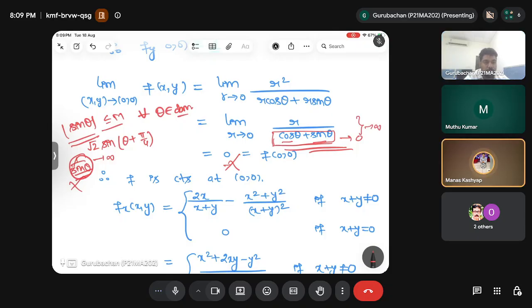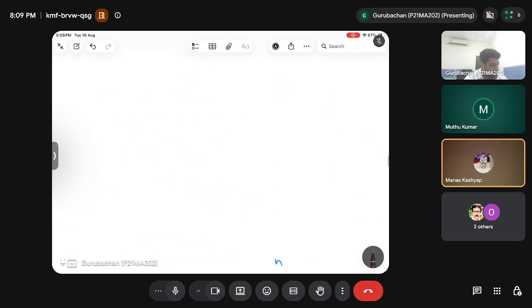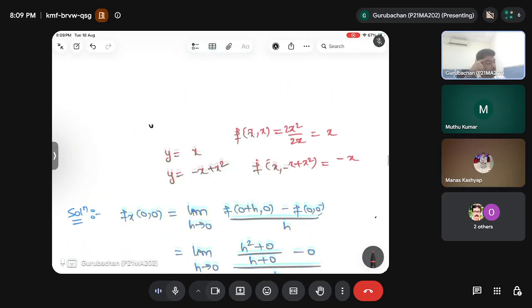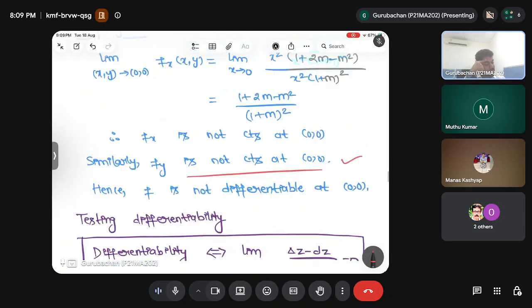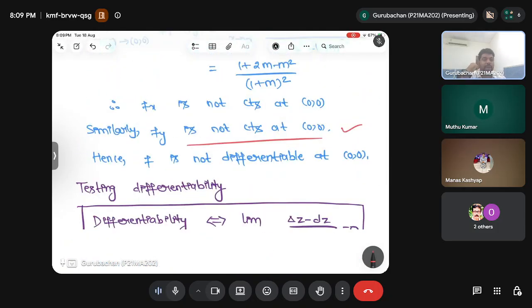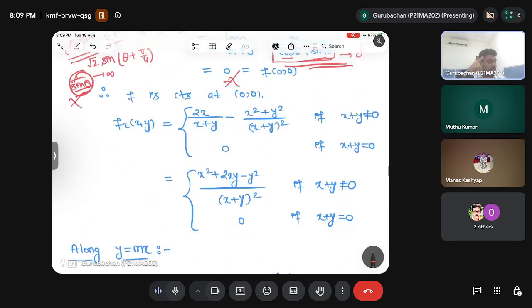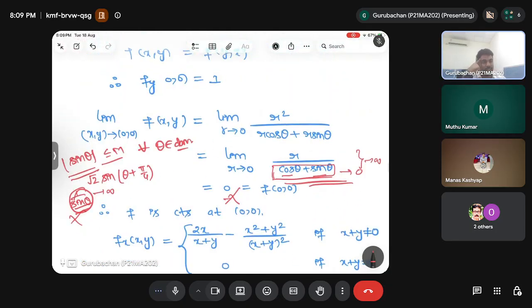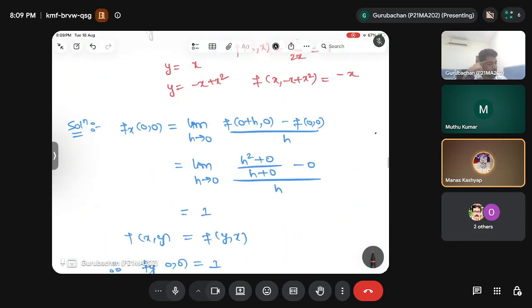Can you please tell the question number? It is from week 3. If you remember, we concluded that f_y is not continuous. That's why our necessary and sufficient condition is not working. But here the problem is with the continuity of f itself. So we don't need to move to that also.